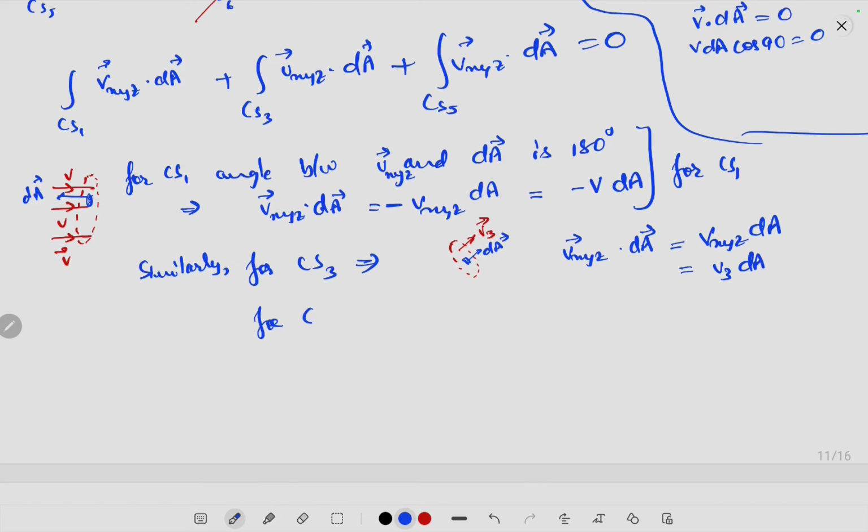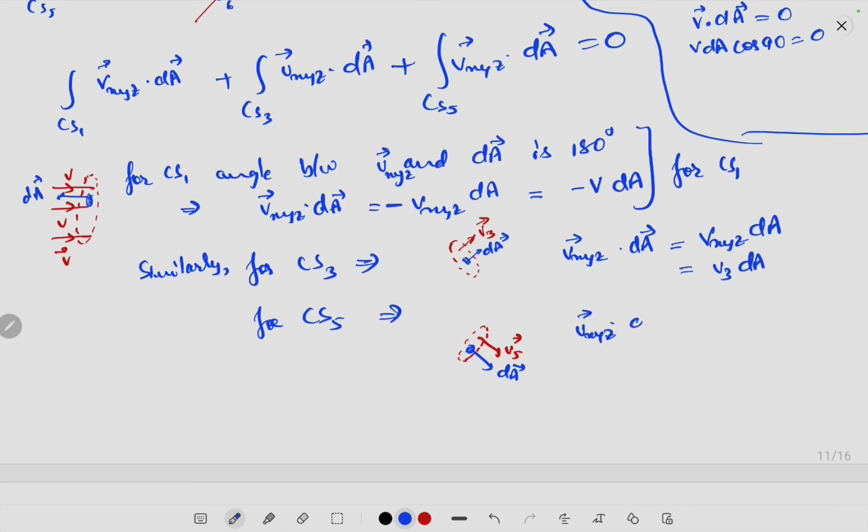And for CS5, how is CS5 looking? It looks like this. This is your v5, and this is your dA vector.